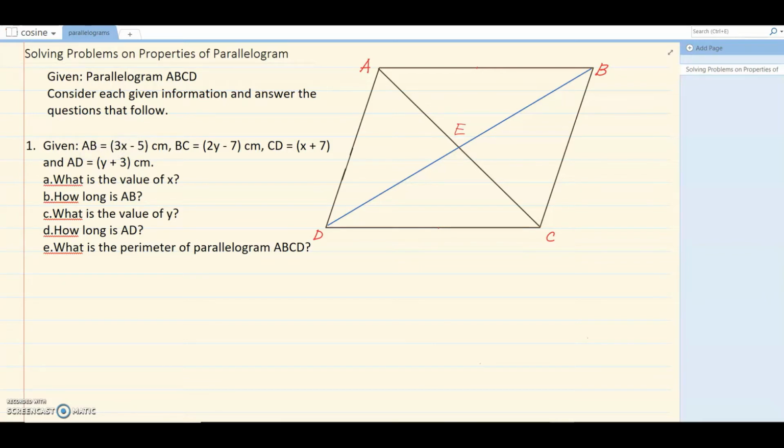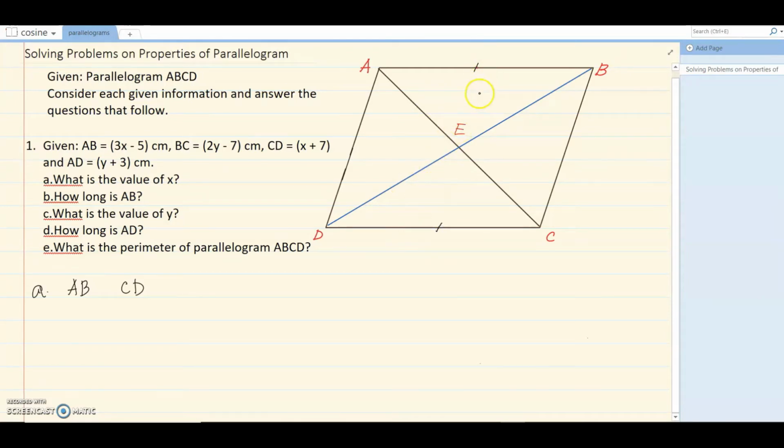So, for letter A, we have AB and CD. So, pag tingnan natin yung AB at saka yung CD, sa properties ng parallelogram, they are opposite sides.